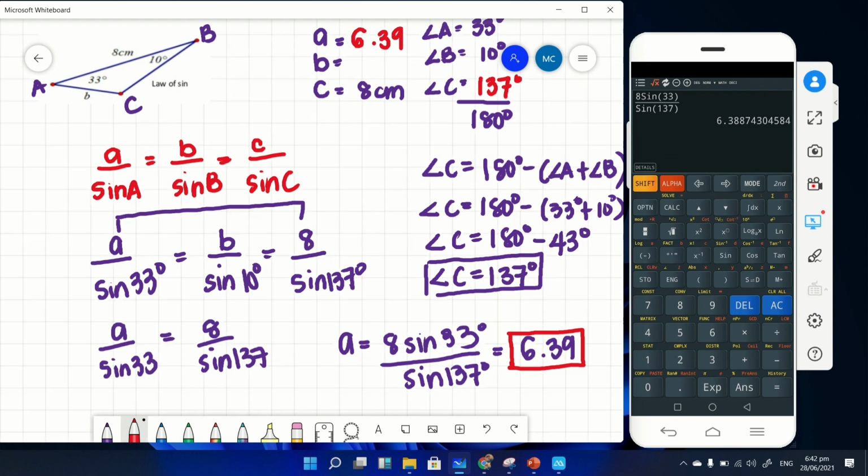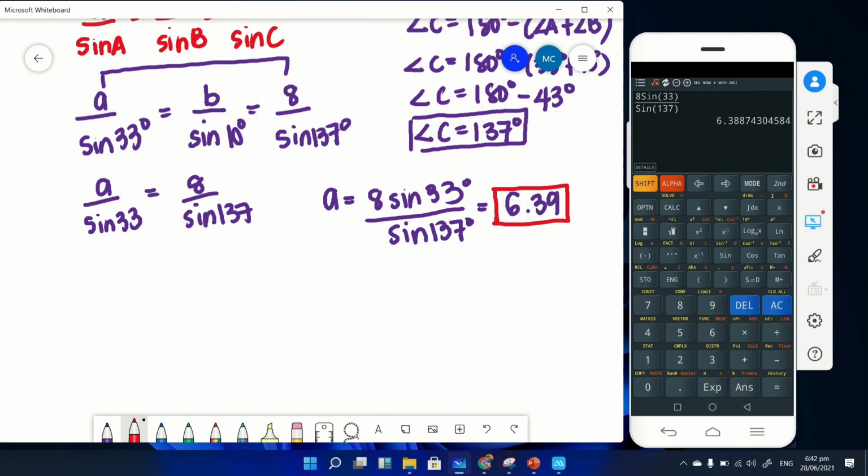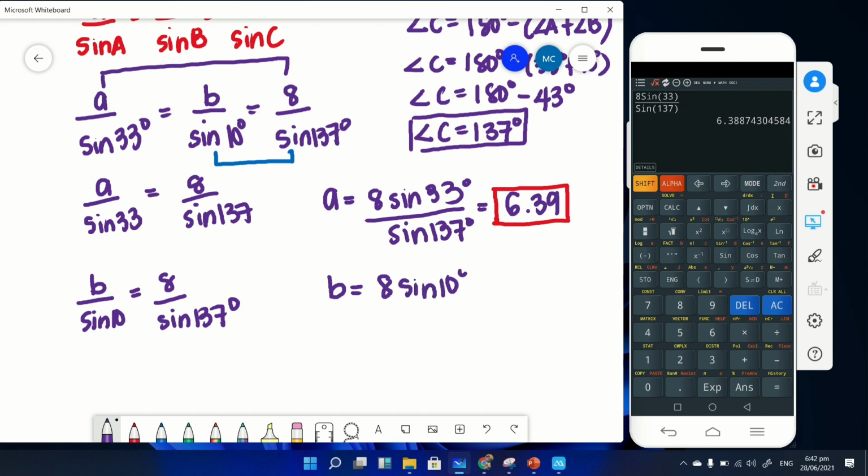Next is, we're going to solve for side B. Okay? So, to solve for side B, this time, we're going to use this proportion naman. Okay, so we have B all over sine 10 is equal to 8 all over sine 137 degrees. So, by applying cross product, we have B is equal to 8 times sine 10 degrees all over sine 137 degrees.